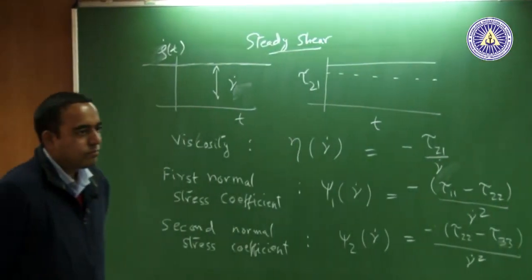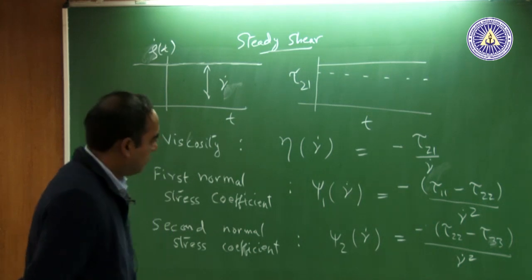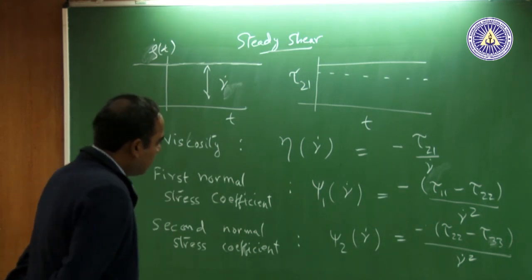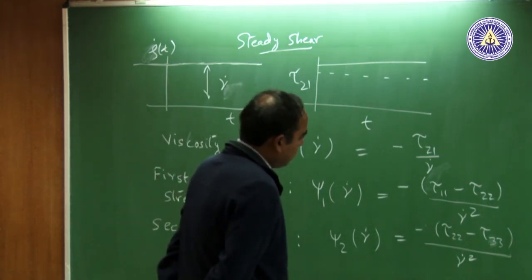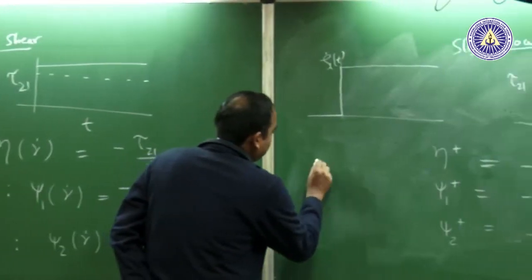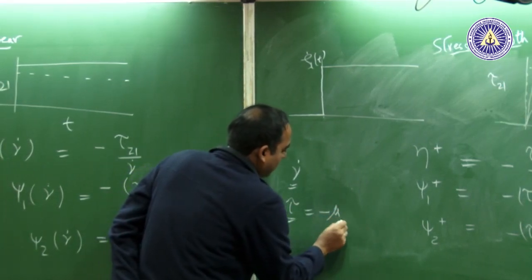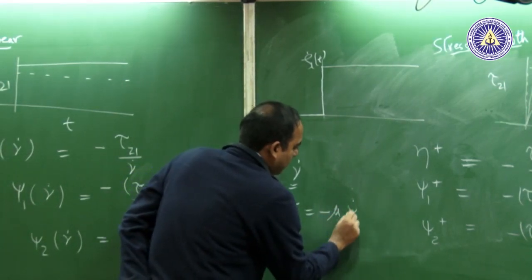But for a Newtonian fluid under steady shear, if you consider tau 1 and tau 2 being different, I mean the diagonal elements being different in the stress tensor. For a Newtonian fluid, you just have the rate of strain tensor, and mu is a constant.